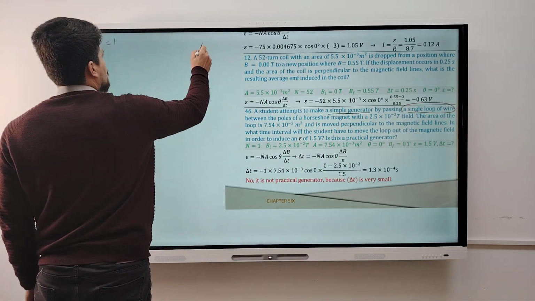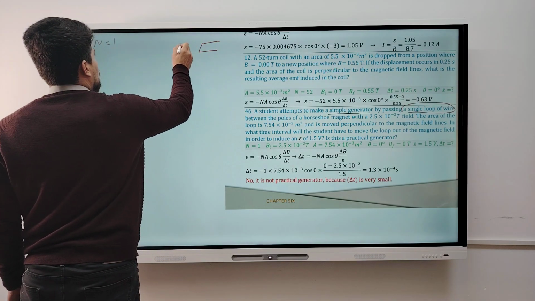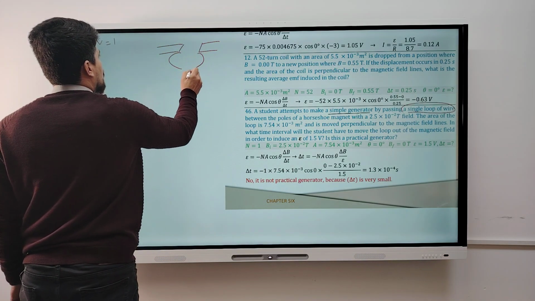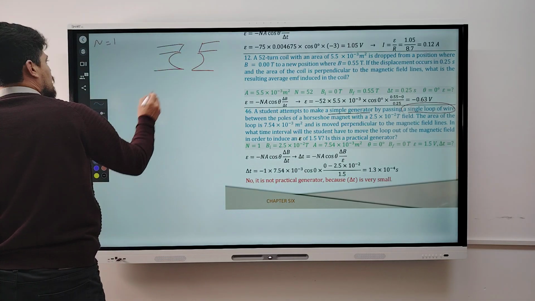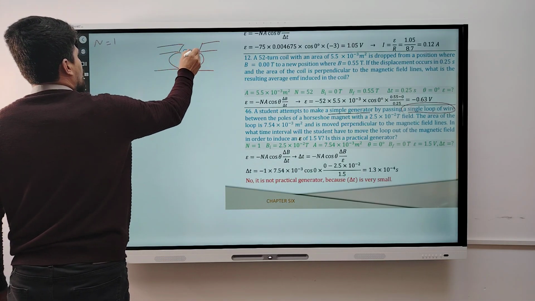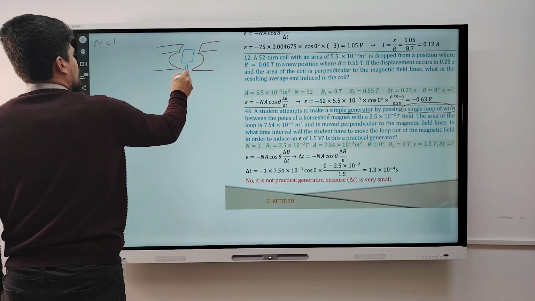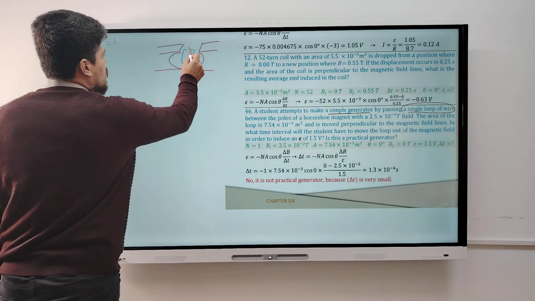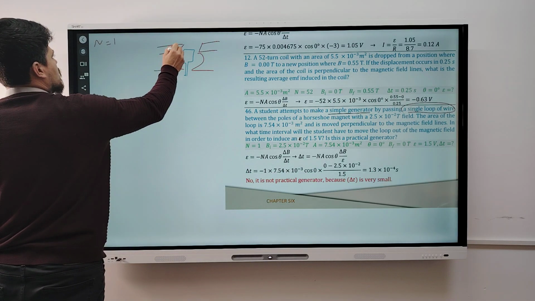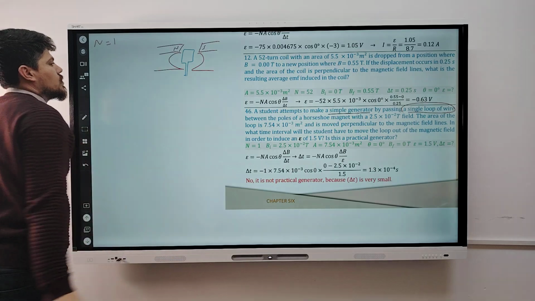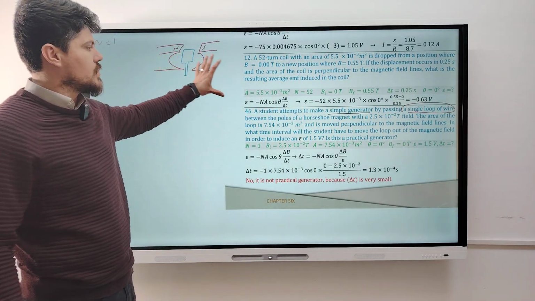The magnet is like that. Okay, this is a coil, number of turns is 1. This is the magnetic field like a horseshoe. This is the shape of the horseshoe.